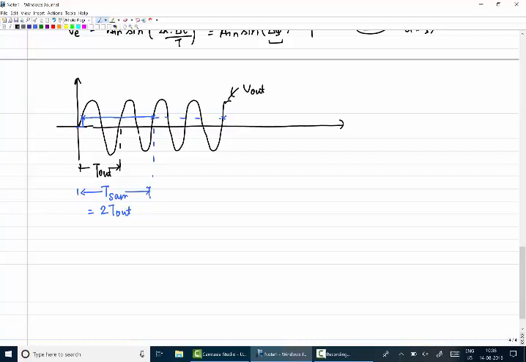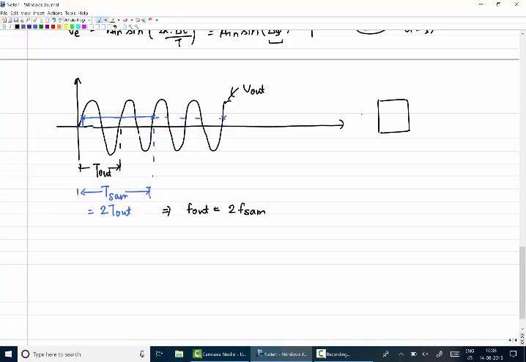So what it means is my F out is actually equal to 2 times my F sampling. Agree? Now let me write my output phase detector.